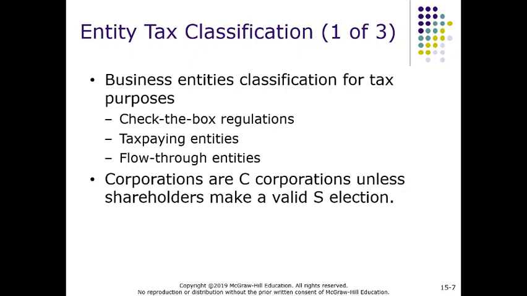If you want to be a separate tax-paying entity to pay tax on your income, you can do so. If you want to be a flow-through entity, that flow-through entity will not pay taxes because the income flows through to the owners who are responsible for paying tax on the income. So the question is, how do you determine whether a particular business entity is treated as a separate tax-paying entity or a flow-through entity for tax purposes?